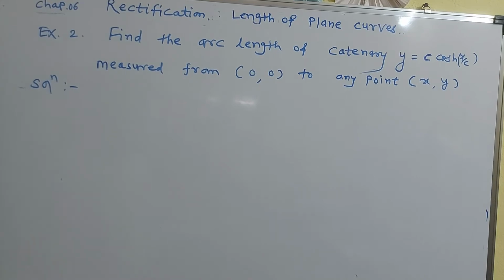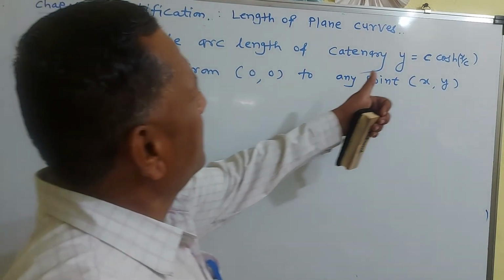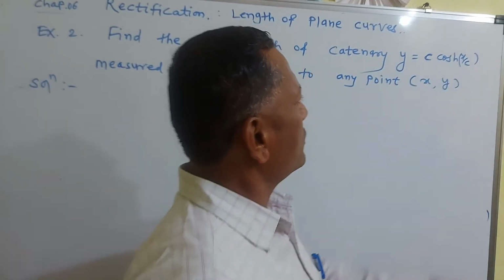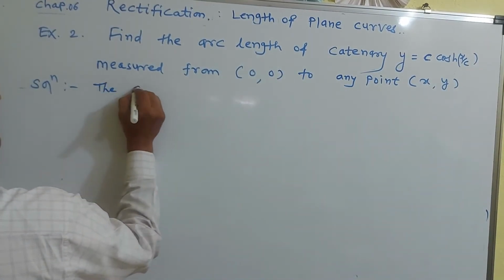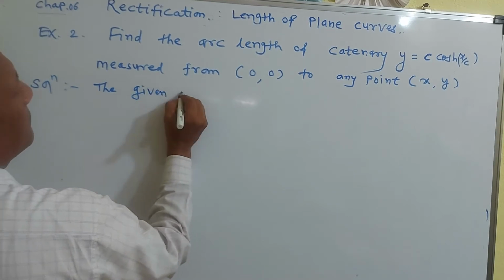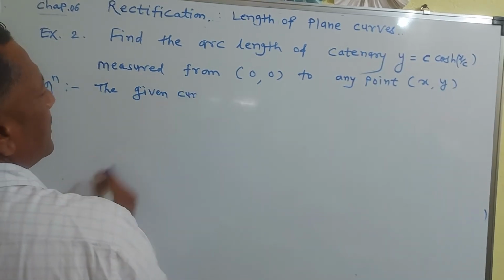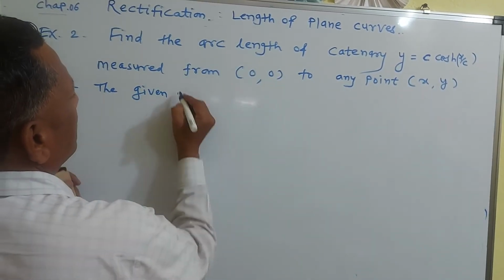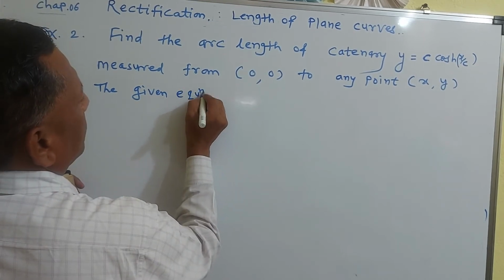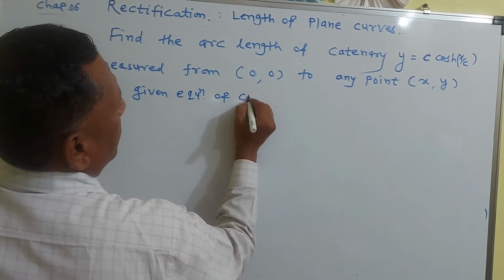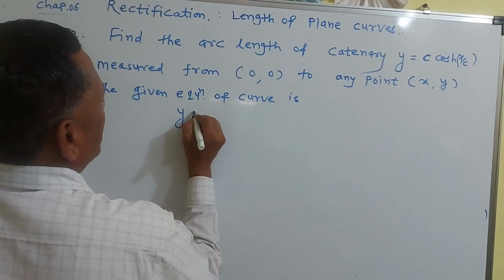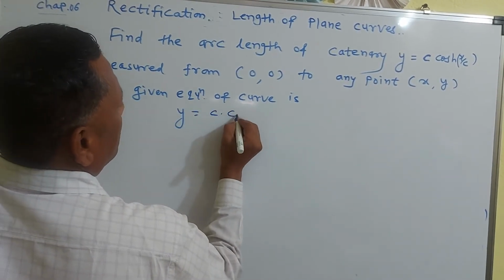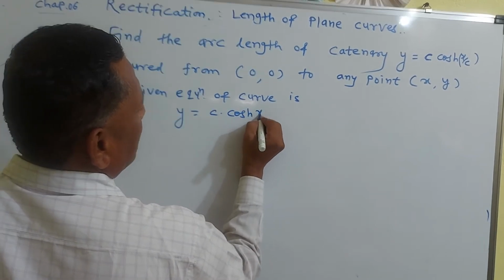So the given curve is a catenary curve, and the given equation of the curve is y is equal to c into hyperbolic cos of x upon c.